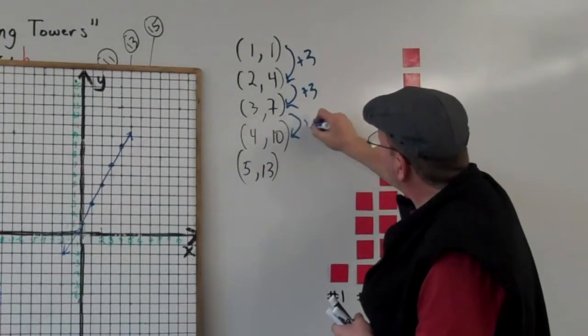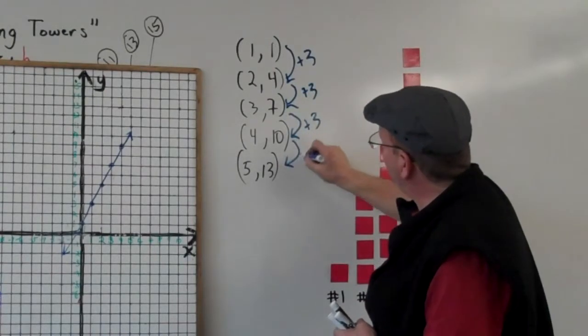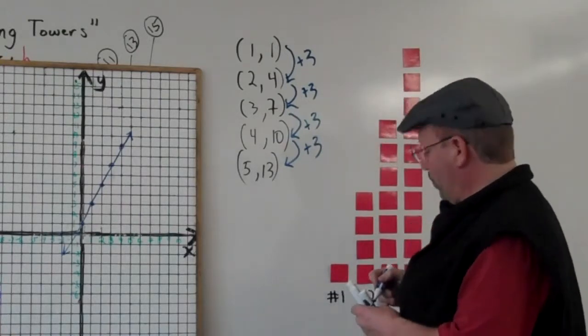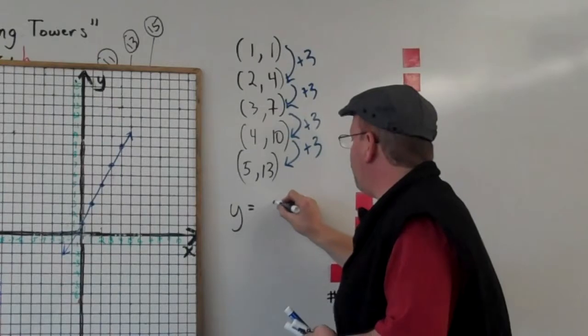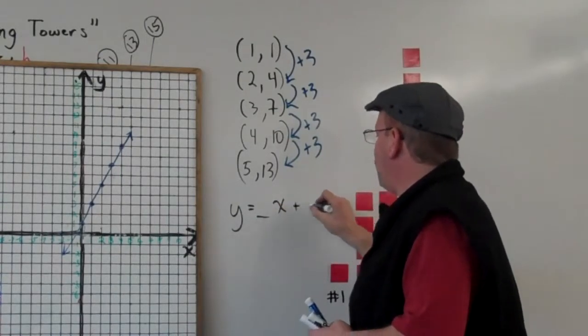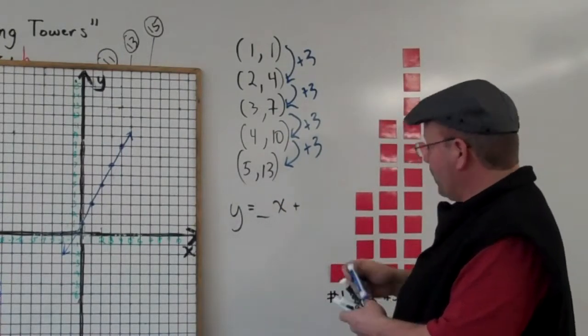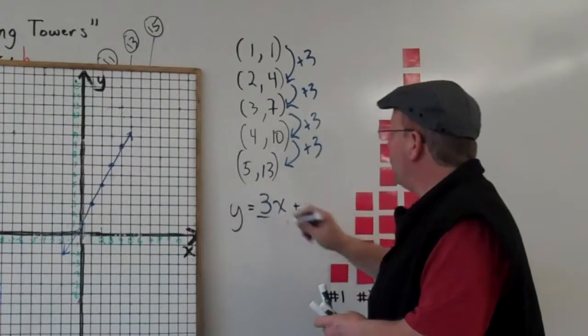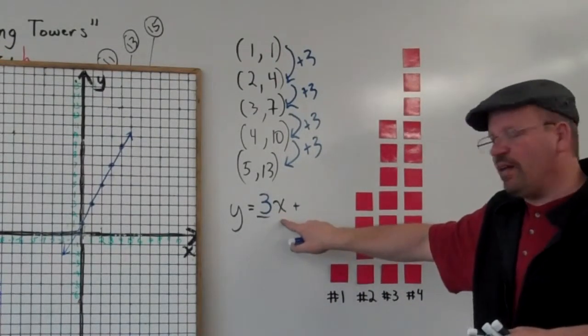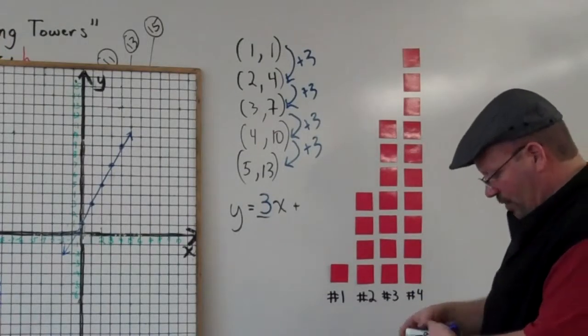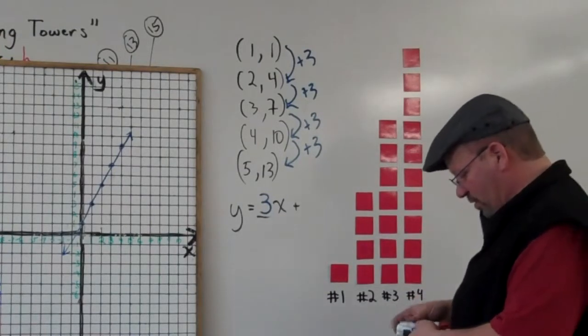We have this common rate of change that we can put into our magical equation, y equals something times x plus something. There's where we put that 3. It's the one that's multiplying times the x. Then we have to find the height of our 0 tower.